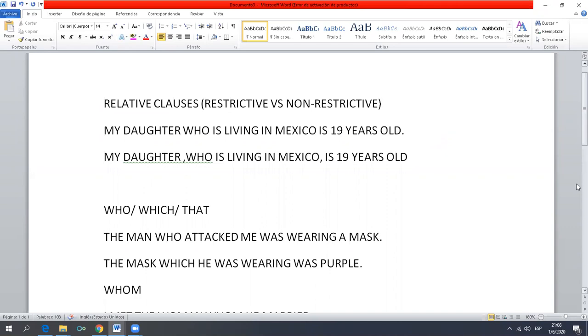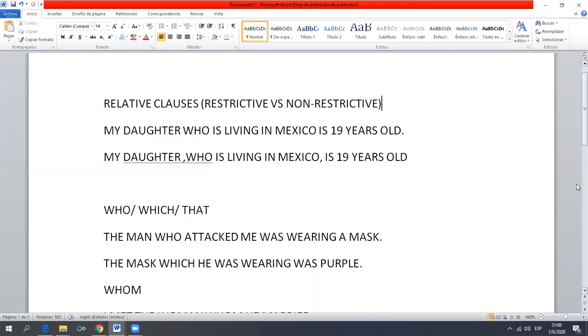My daughter who's living in Mexico is 19 years old. And the second sentence, my daughter, who's living in Mexico, is 19 years old. They look alike, right? But they are different. They mean somehow something different.